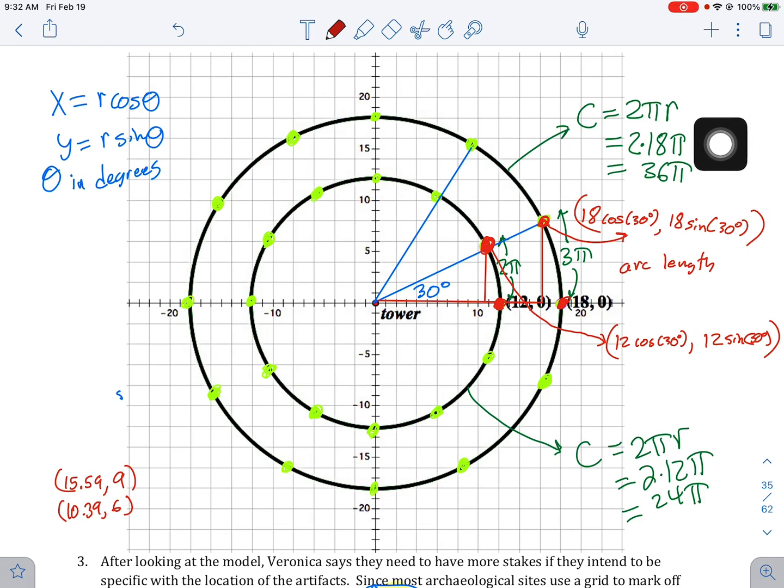And if we're trying to figure out that split into 12 parts, 36 pi divided by 12 is equal to 3 pi. Therefore the distance is 3 pi.